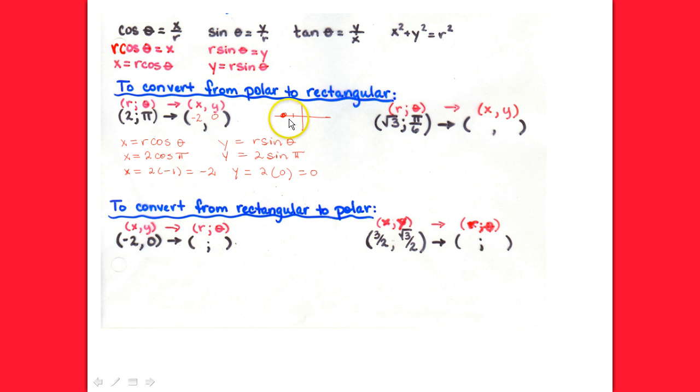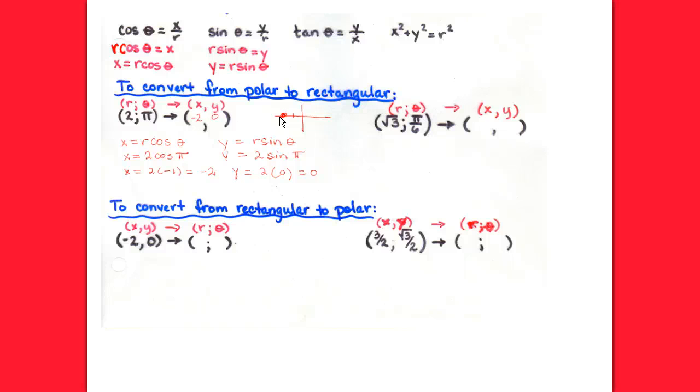So I would get this point. If you plot the ordered pair (-2, 0) in the xy plane, it's that exact same point. It's two different ways of doing the exact same thing. Just like if you measure something in metric and you measure something in English, you're still going to end up with the same length.